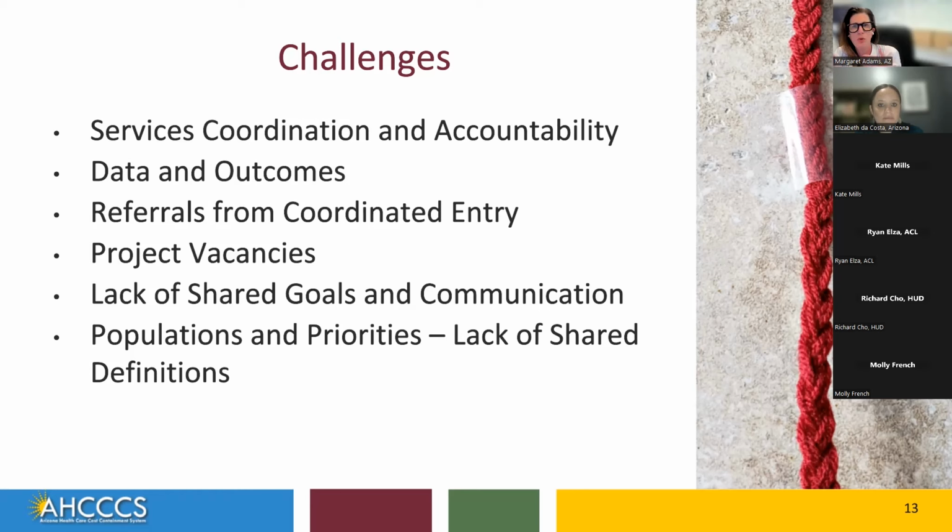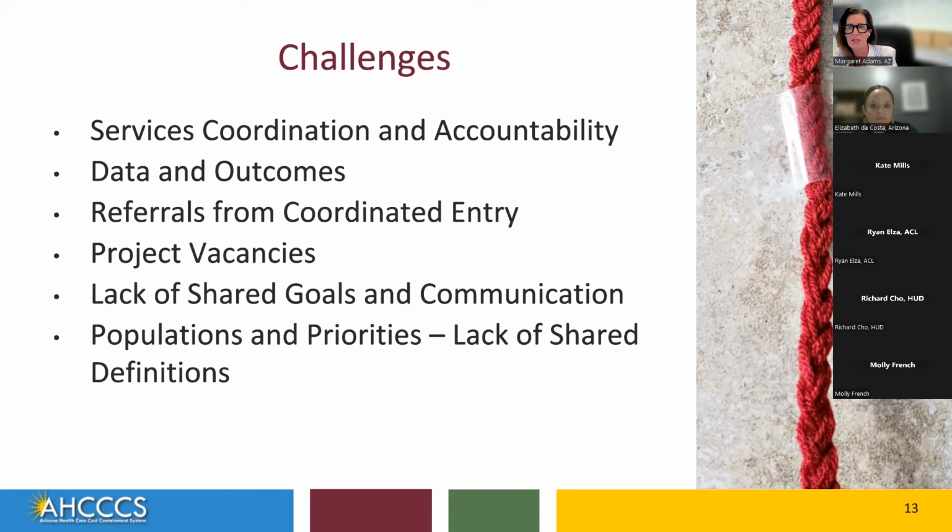We really wanted to make sure that we were baking in that system piece, but because we had all of the different eligibility pieces going, and then as Liz mentioned, the variations between the PHA expectations, we did have some challenges just making sure that referrals were coming in timely.